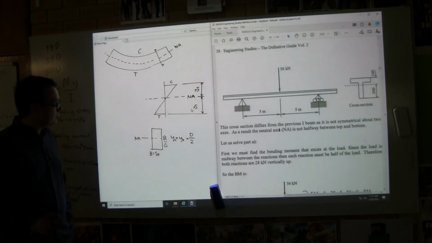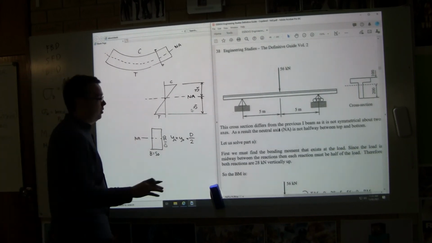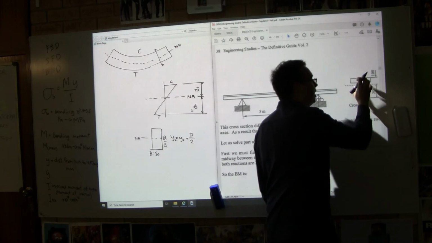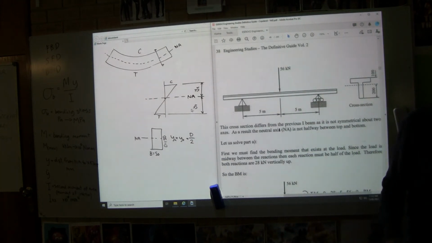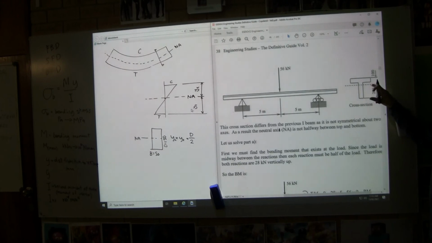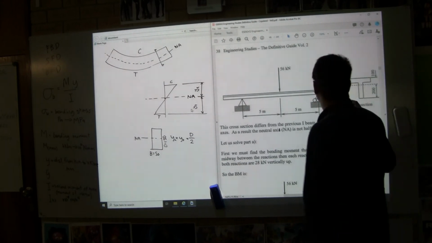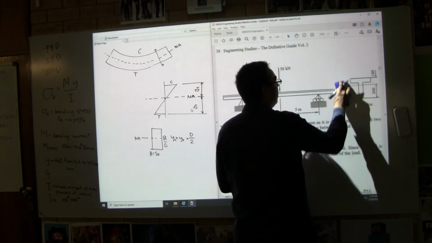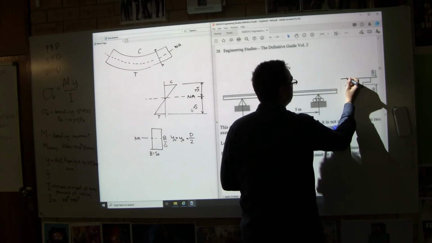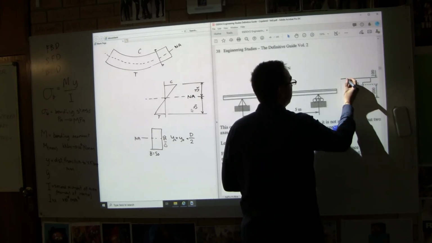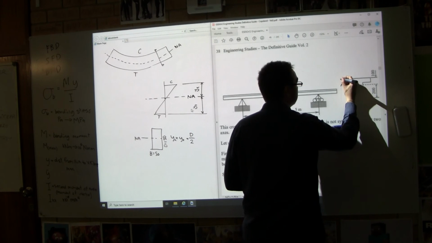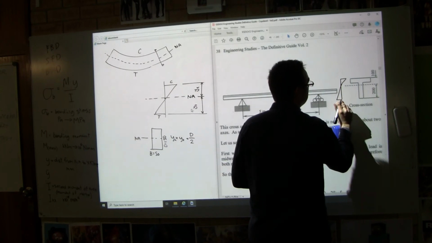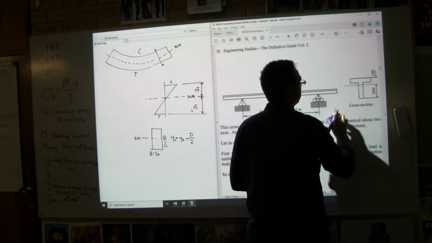Now, sometimes, like in this case over here, we get weirdos. See this shape here, T, the neutral axis is not in the middle. The neutral axis is much closer to the top. If I was drawing that same force diagram, here I'd have an area of tension, and then it would go down and then suddenly go like this.